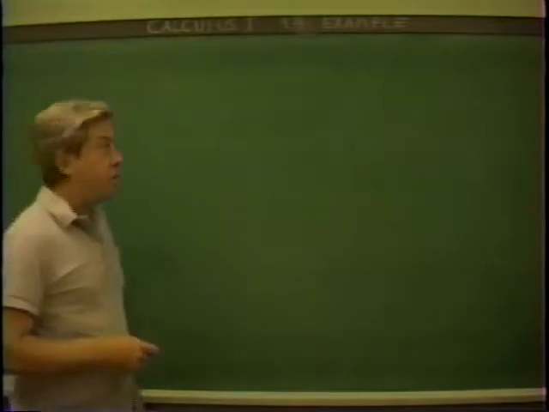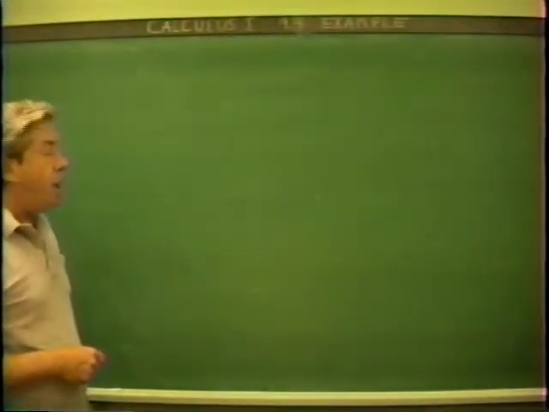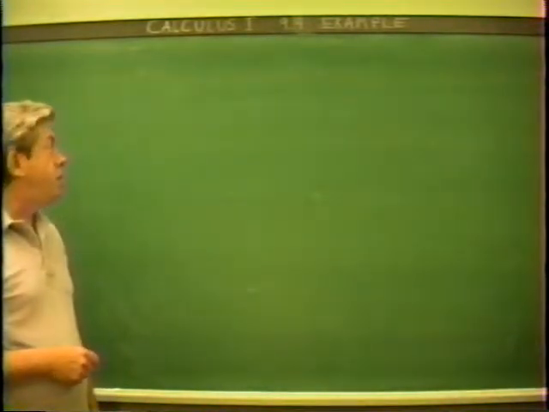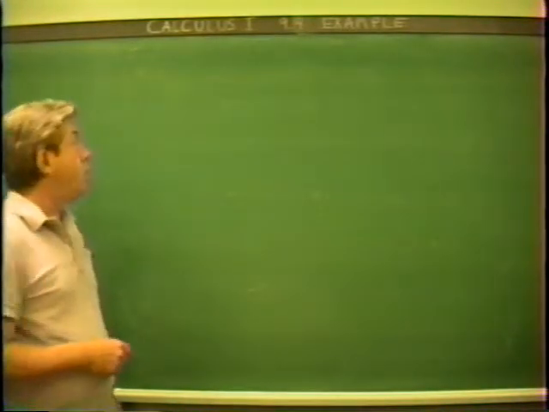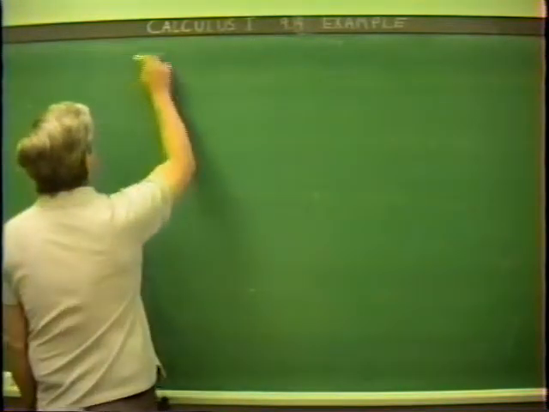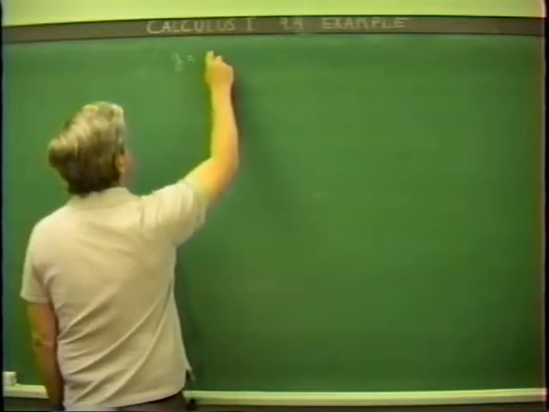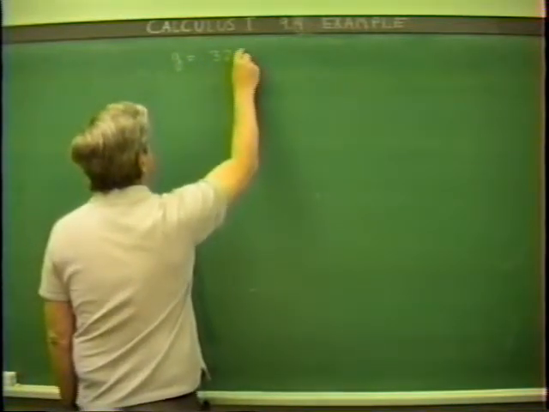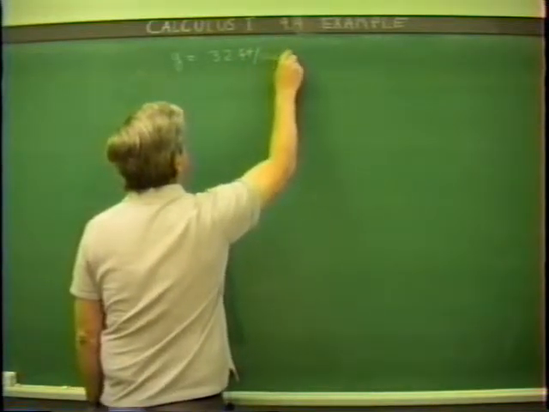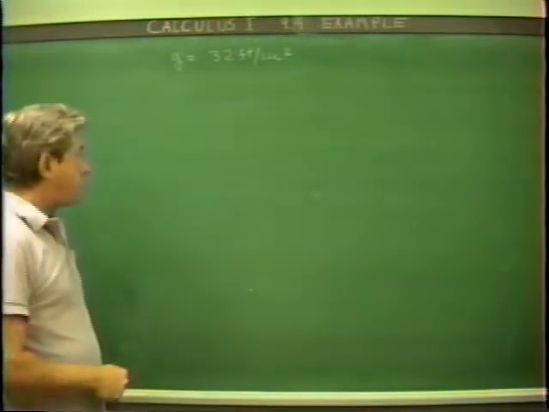Let's take now a look at an example of a strictly anti-differentiation type problem. The situation here is this: near the surface of the Earth, the acceleration due to gravity is a constant, and that constant is written as g, and in the English system this is 32 feet per second squared in the downward direction.